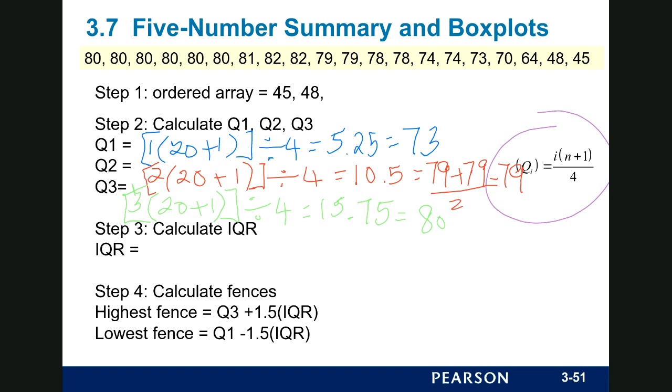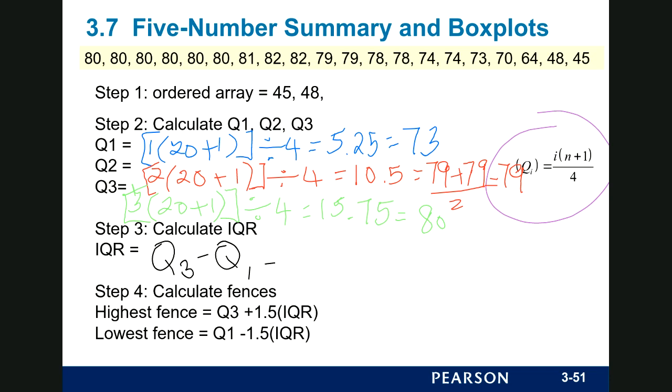Now, get comfortable using Excel with this too, and I showed you how to do that in the previous slide, so know how to get the quartiles using Excel. Interquartile range. I would like to have N, and can you calculate the interquartile range for us, which is, let me change this, Q3 minus Q1.